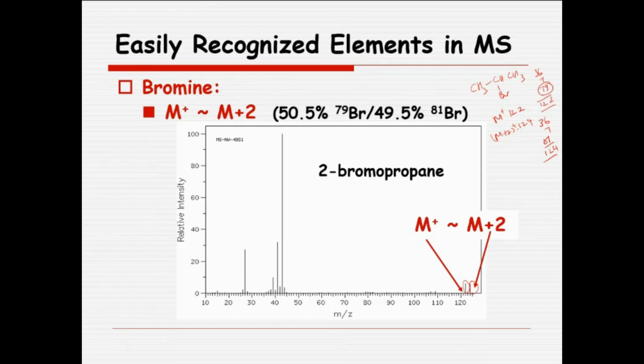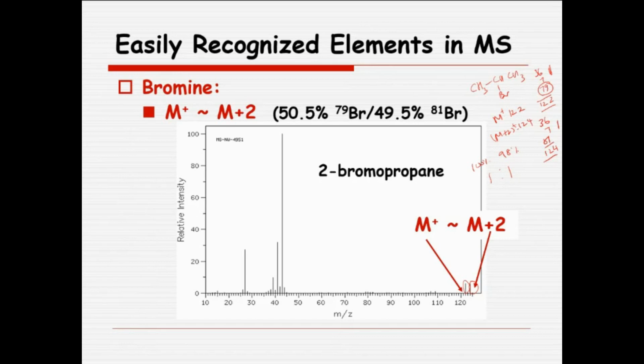Now what is the intensity ratio? The ratio will be 1:1. Why? Because the abundance of bromine 79 is 100% and bromine 81 is nearly 98%, almost the same intensity. So the ratio of M to M plus 2 peak will be 1:1 because bromine is equally abundant.